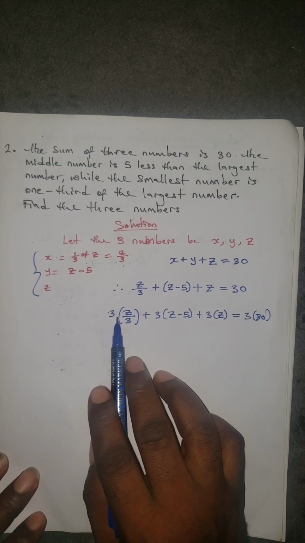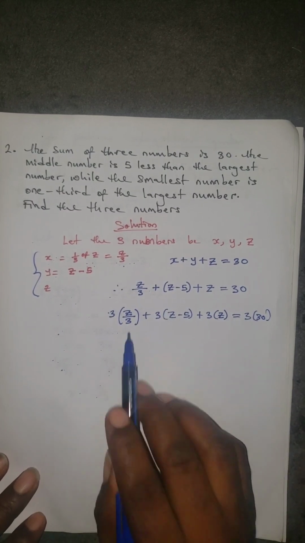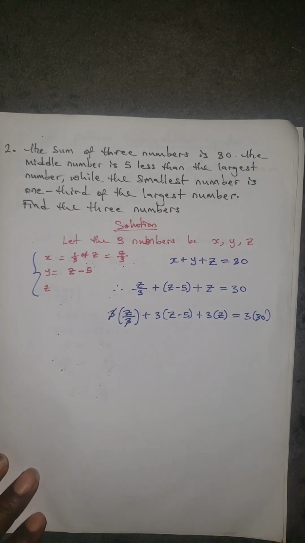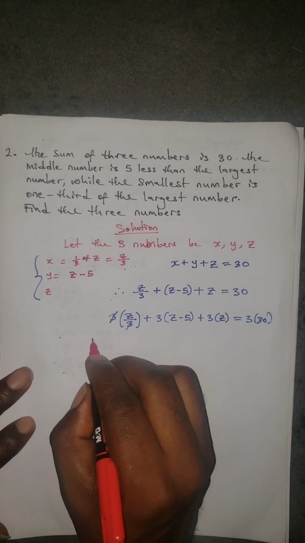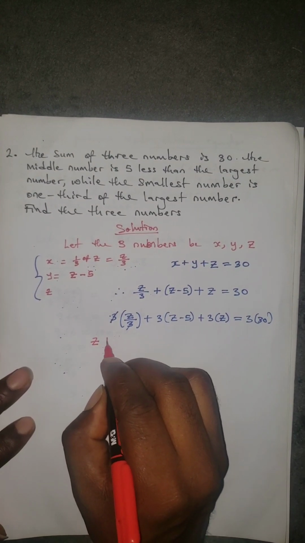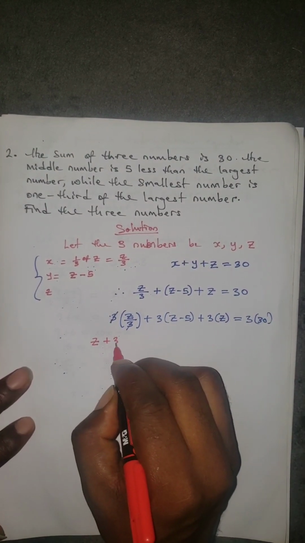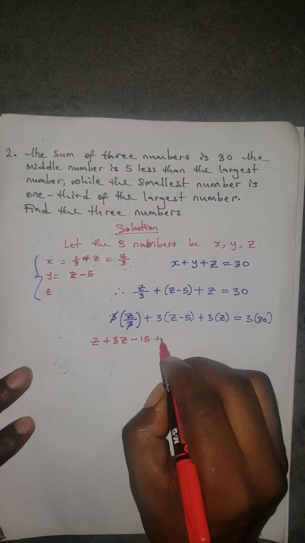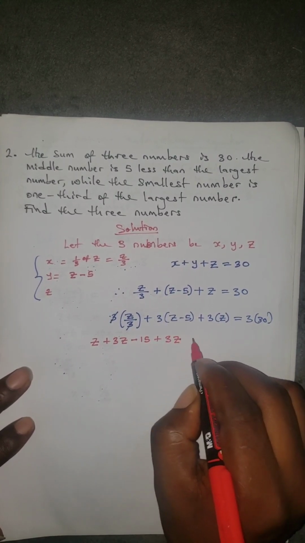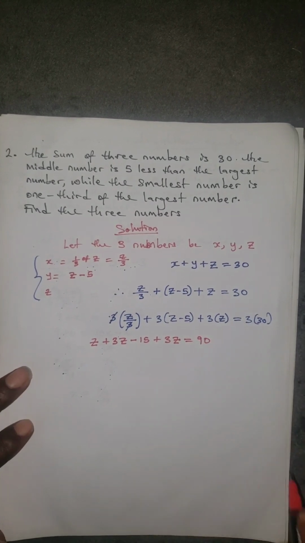So I have multiplied everything by 3 in order to eliminate this. So when I do, I'm going to have z plus, open this bracket, 3z minus 15 plus 3z equals 90.